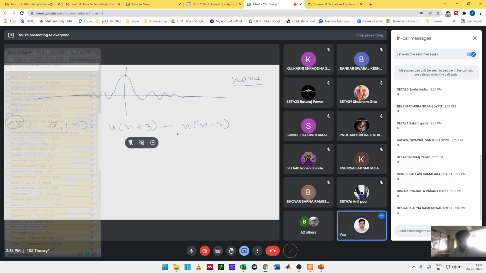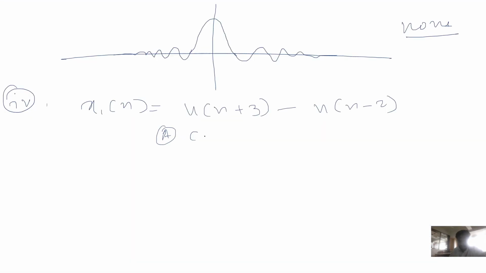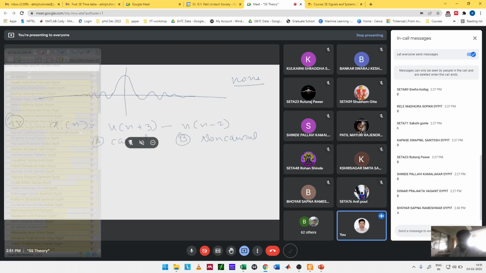A for causal, and B for non-causal. Be fast. Okay, if you are saying that it is causal, if you are saying it is non-causal.